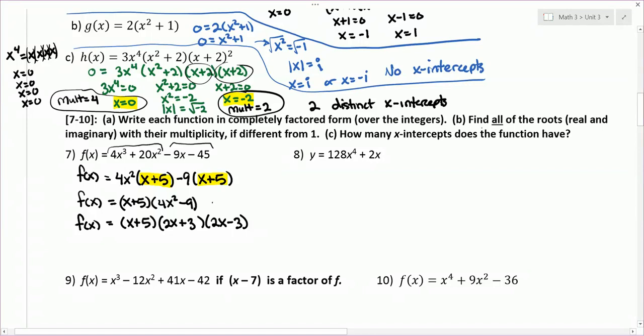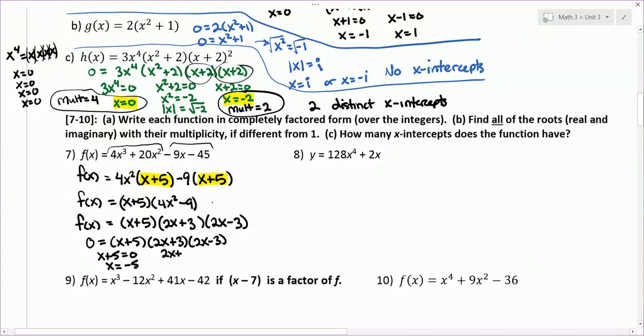Part B says find all the roots, real and imaginary, with their multiplicity. To do that, we set f of x equal to 0 and solve. Here we set each factor equal to 0. When x plus 5 is equal to 0, we get x is negative 5.